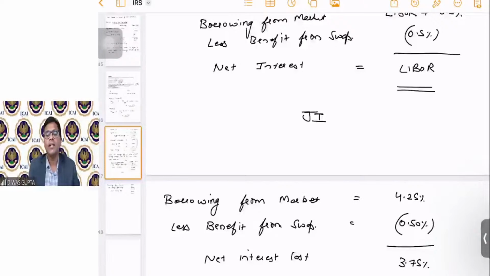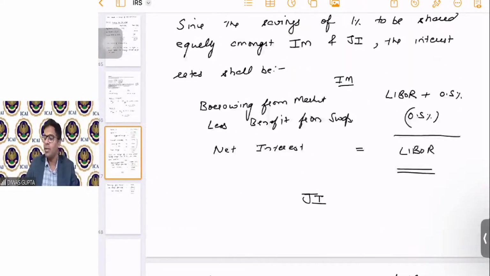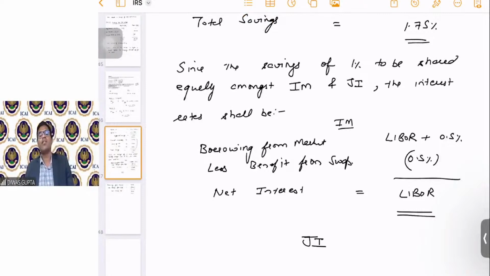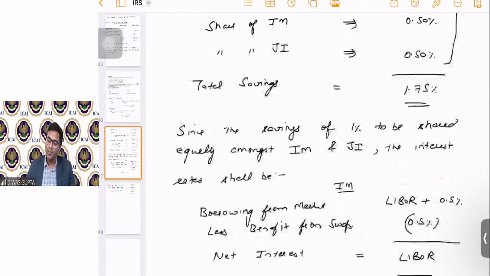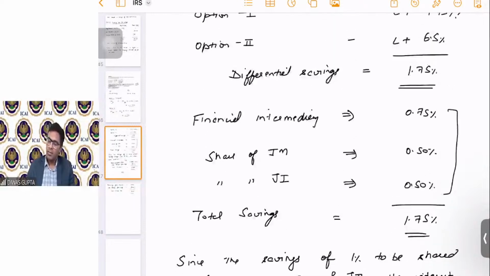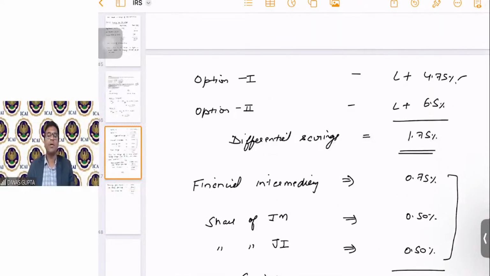So for JI, the effective interest cost becomes 3.75, and for IM, it becomes LIBOR, if they decide to borrow basis option one. Perfect. Viraj is saying it is clear. Perfect.